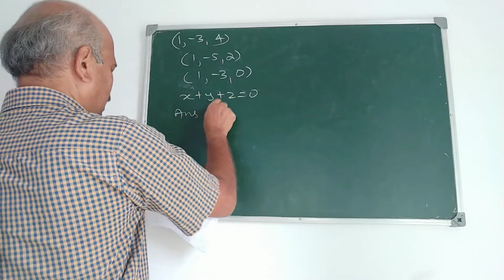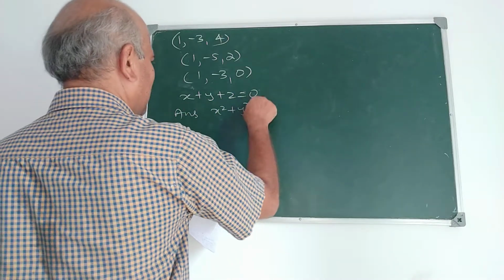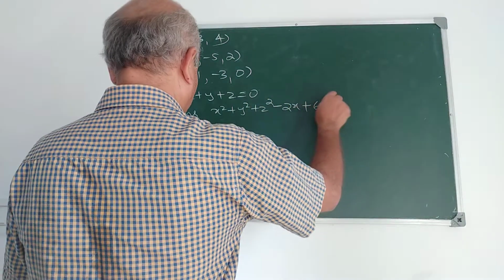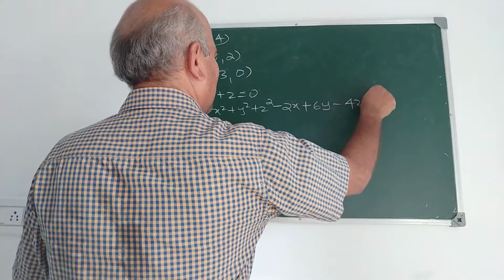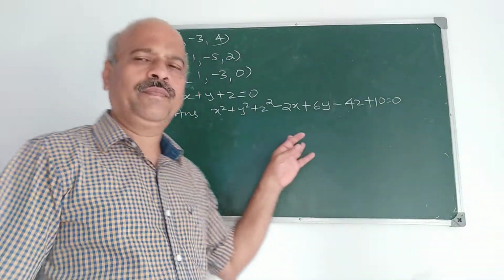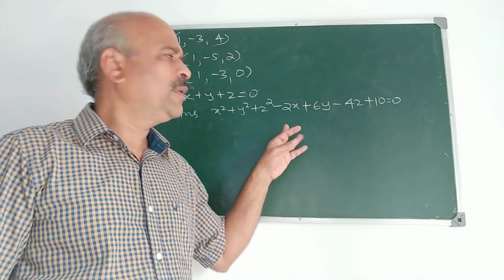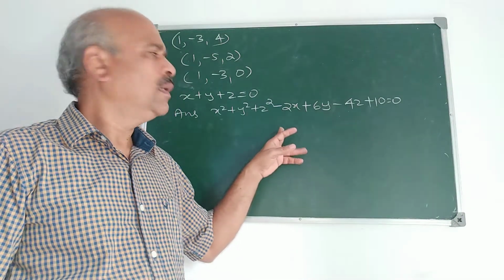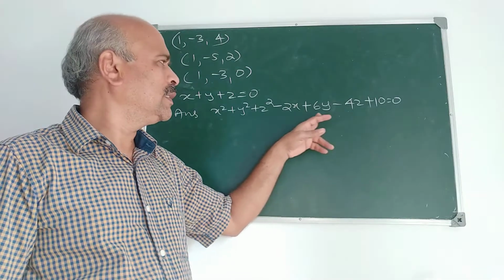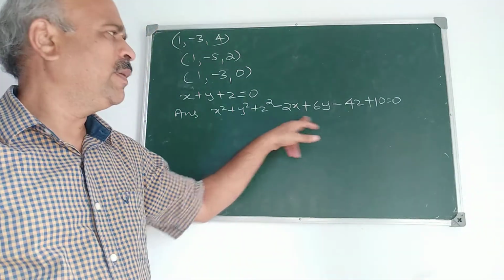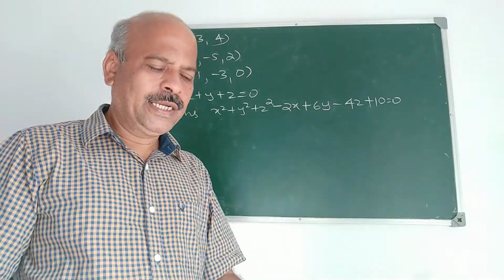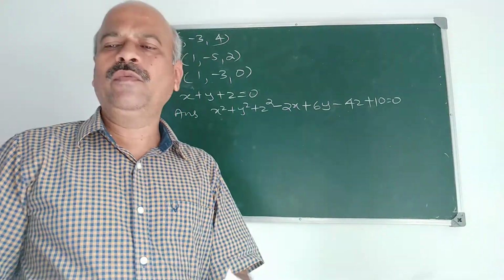Answer: x square plus y square plus z square minus 2x plus 6y minus 4z plus 10 is equal to 0. I have taken this problem from Analytical Solid Geometry by Shanti Narayan and Mittal, and you verify the answer, because while taking the answer somewhere there may be a mistake. You solve this, get the answer, and verify this.